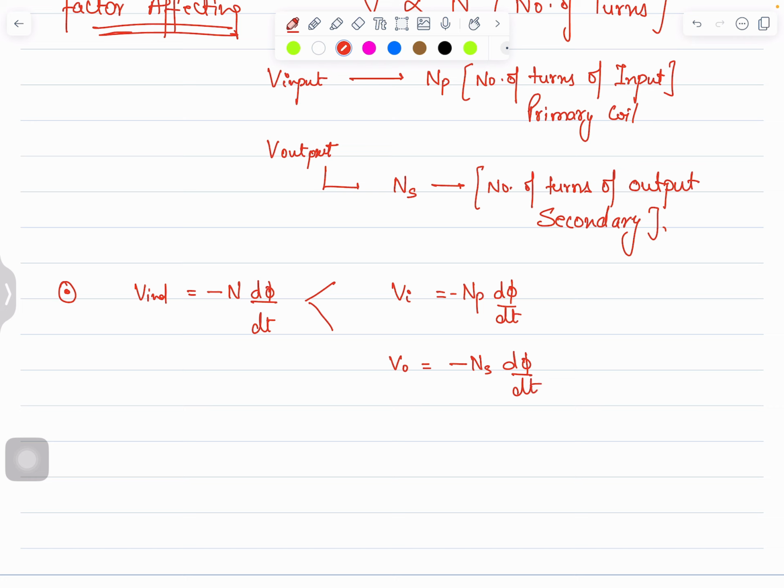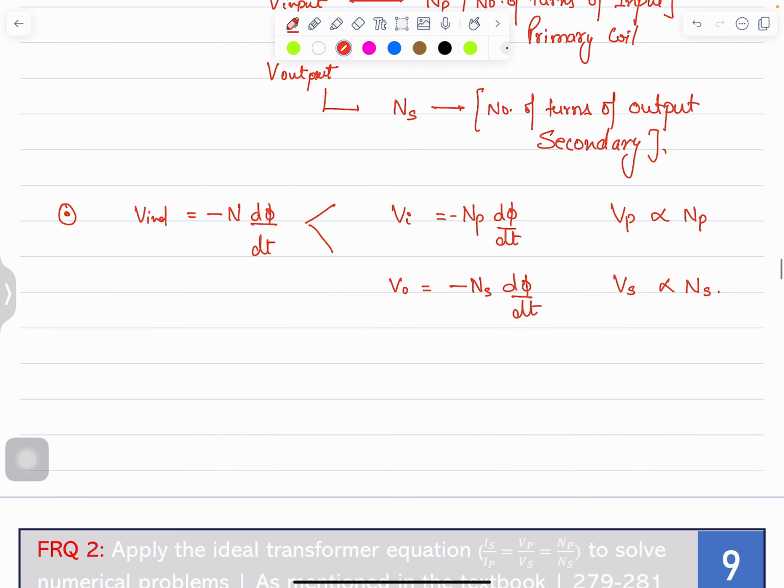Or better, you can say V primary is directly proportional to NP, and VS is directly proportional to NS. So from these two equations, equation 1 and equation 2, we get a formula: VP divided by NP equals VS divided by NS. This is your first formula.